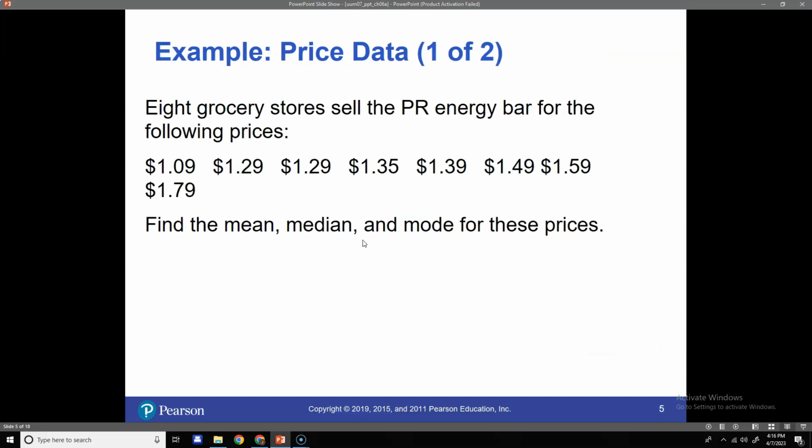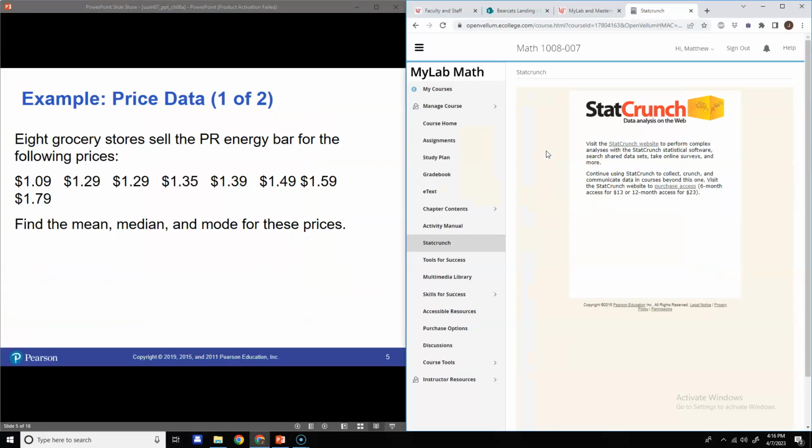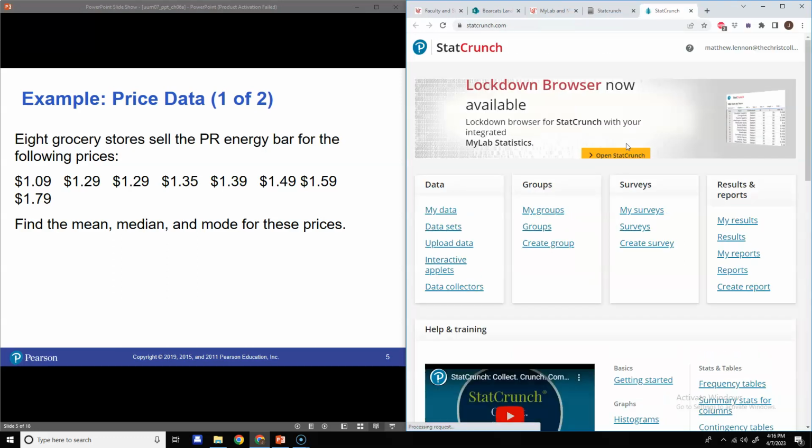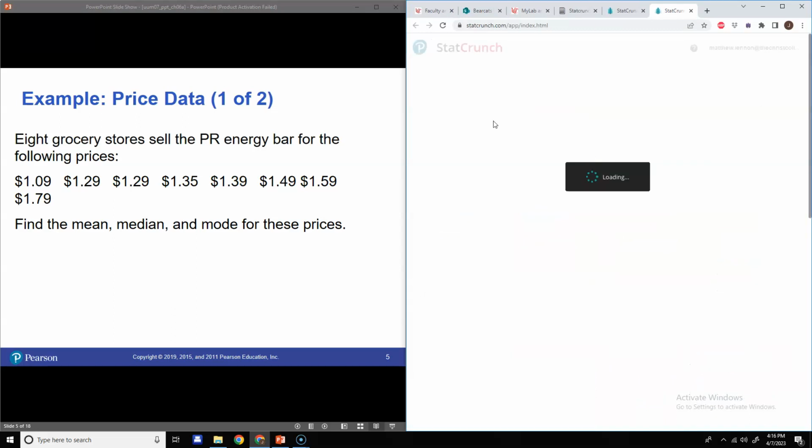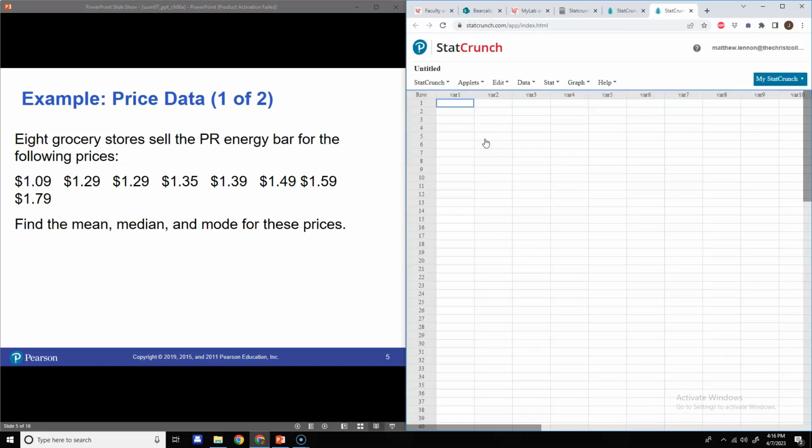So find the mean, median, and mode for these prices. Let me show you how you can do that on StatCrunch. If you go to your MyLab Math home through Canvas, you can just click StatCrunch, and it brings this up, and then you can just visit the StatCrunch website. So open StatCrunch, and there it is.